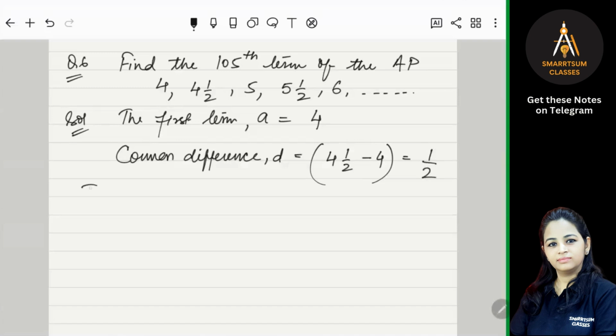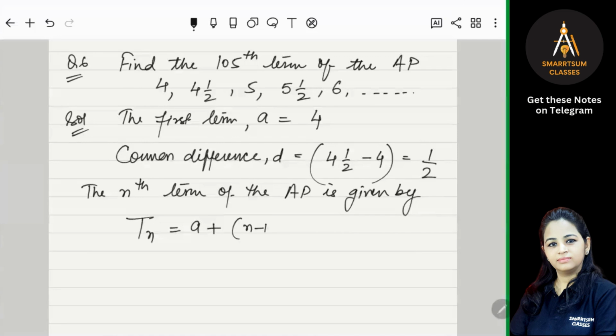Now, the nth term of the AP is given by Tn is equal to A plus n minus 1 into D, right? This is the formula. Now we have to find the 105th term, means n is 105.